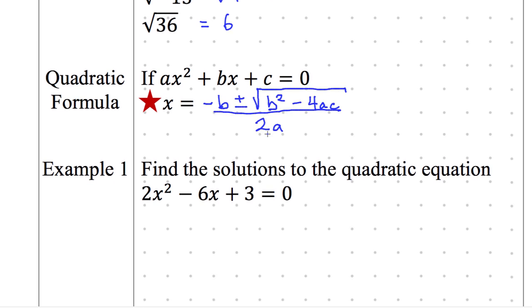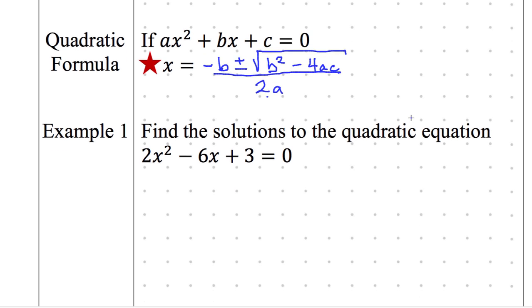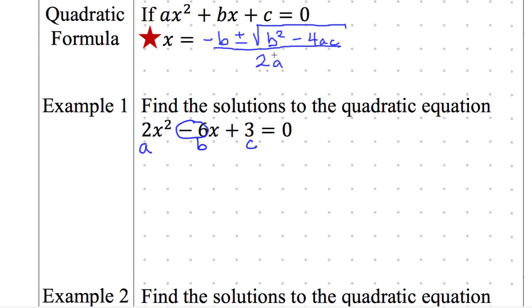So we're going to use the quadratic formula, and you'll be able to see what is your a, b, and c. We'll just note that from the very beginning. So what is a, b, and c? Well, a is 2, b is all of this -6. Remember to keep the negative with it, and c is 3. So knowing what a, b, and c are, Teflon, you're going to sub it into our quadratic formula. So tell me what to write.